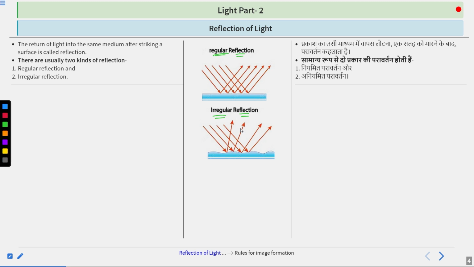And optics is further divided into two forms: geometrical optics and quantum optics, right? That is what we are known to. Similarly, reflection is a phenomenon of light that is further divided into two forms. One form is what we call regular reflection, another form is what we call irregular reflection.